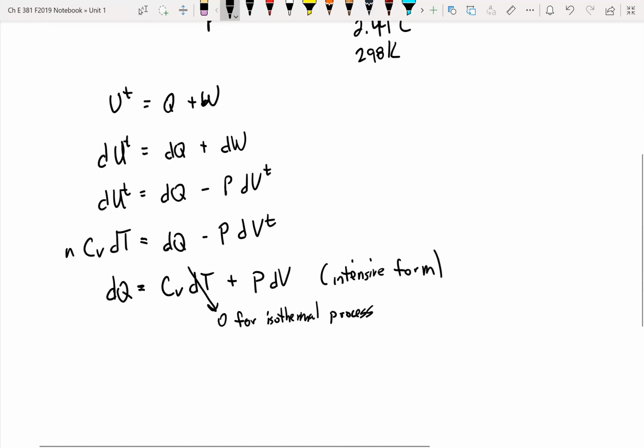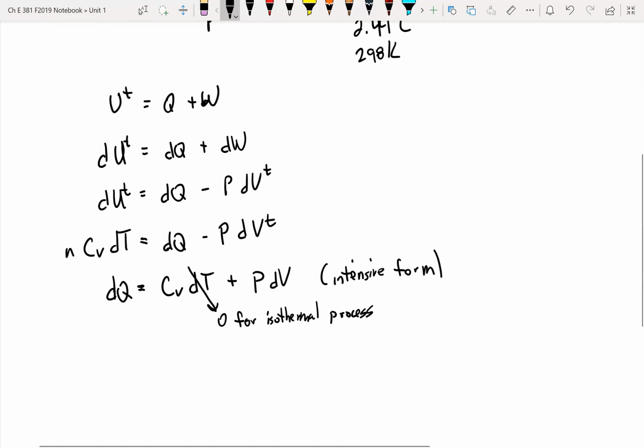All right, one thing I need to point out here is when we're doing all these manipulations, what's implicit, especially when I'm working in differential form, is that the macroscopic process is modeled as an ideal process.